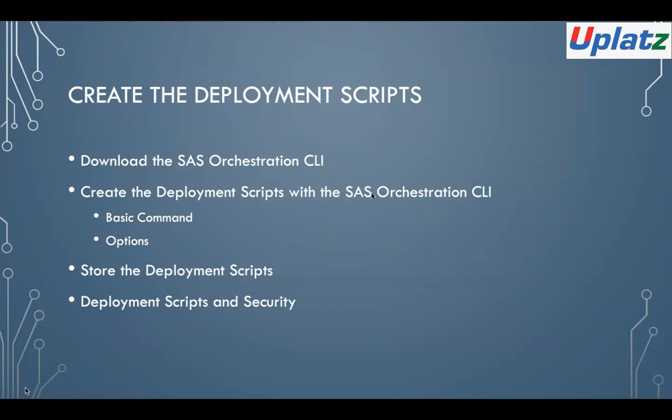If it is Windows, you will choose the Windows option, download that zip file, unzip it on your Windows machine, and follow the instructions to install the orchestration CLI.